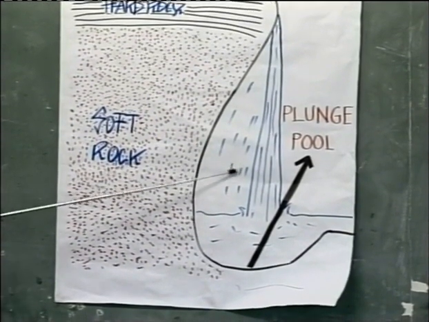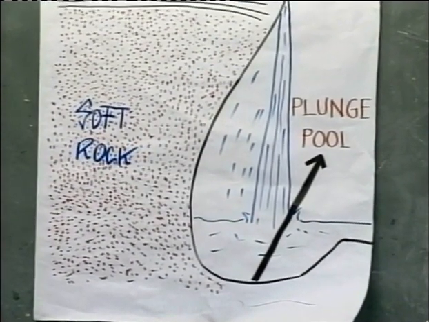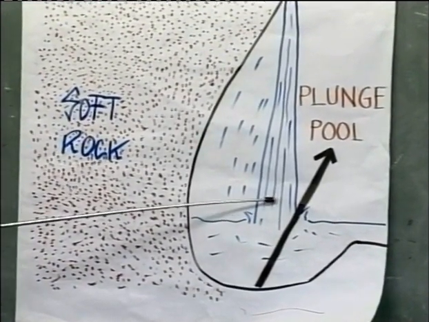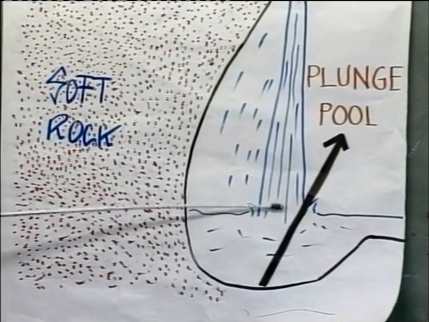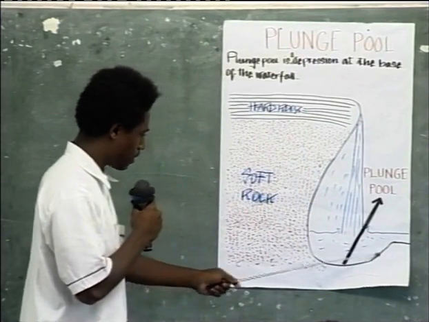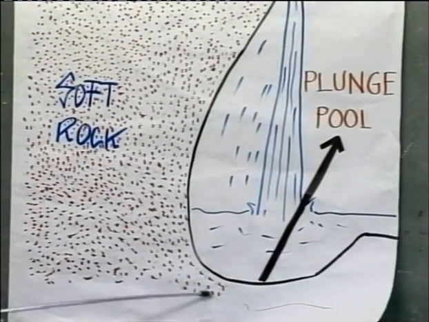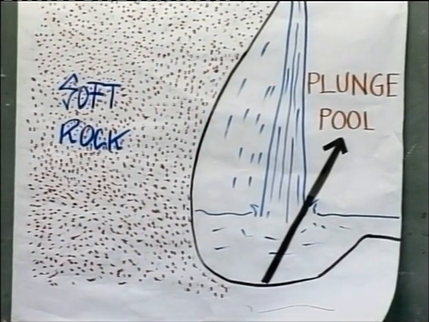In some cases, the depth of the plunge pool may nearly equal the height of the waterfall. So it clearly says that the height of the waterfall will affect the depression of the plunge pool. Thank you.